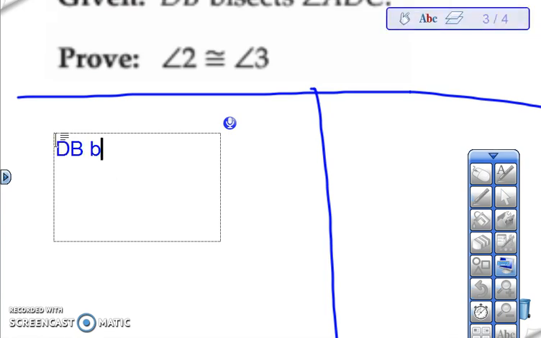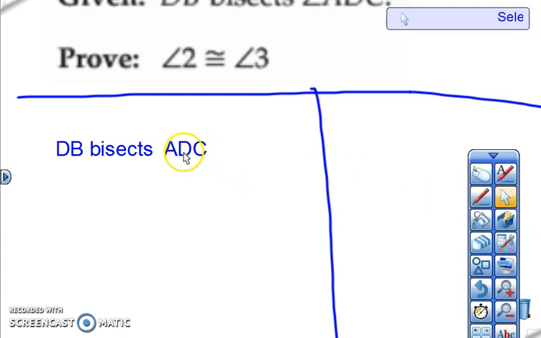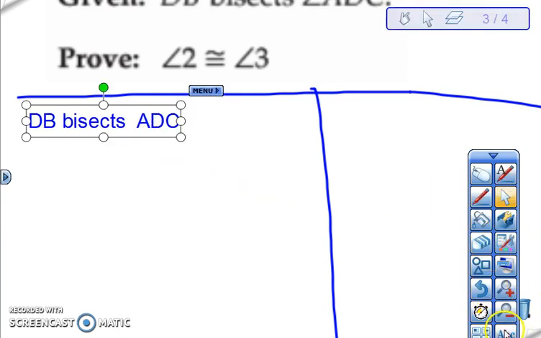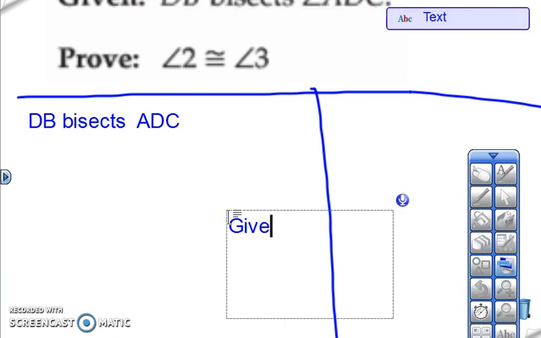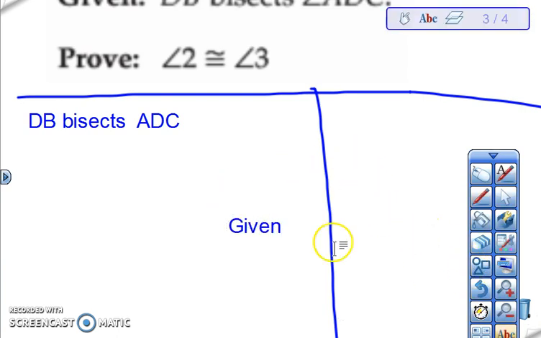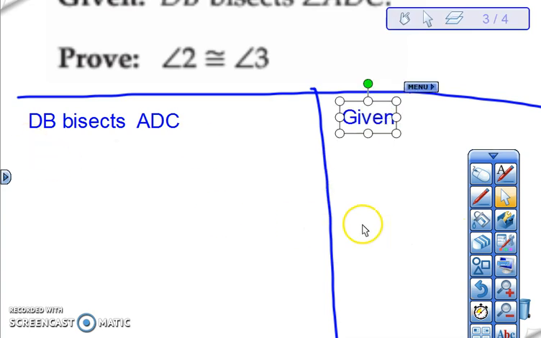So DB bisects angle ADC. And that was given.